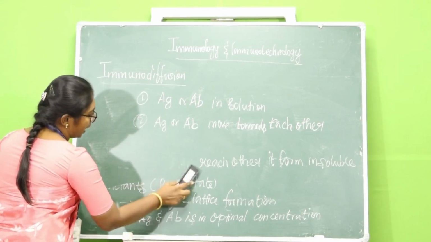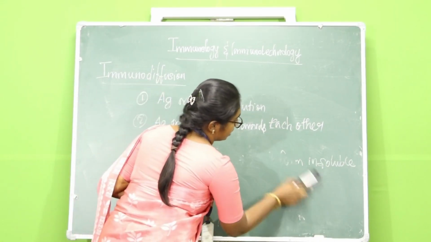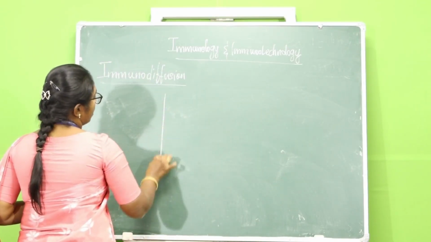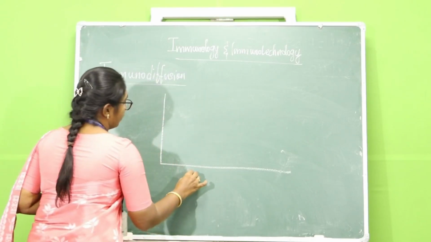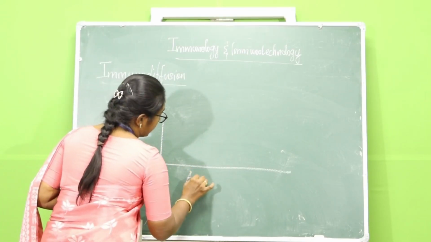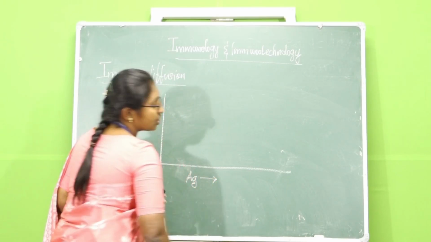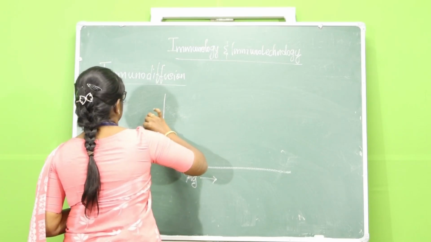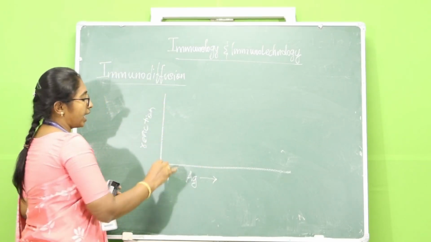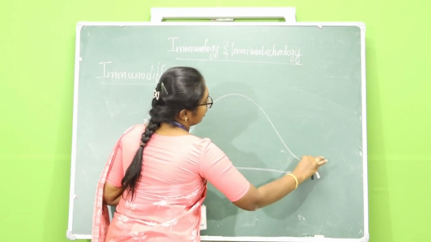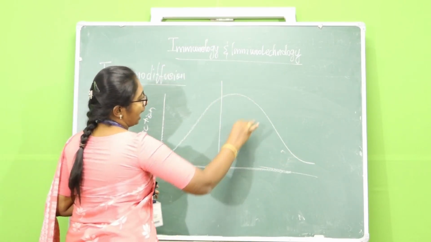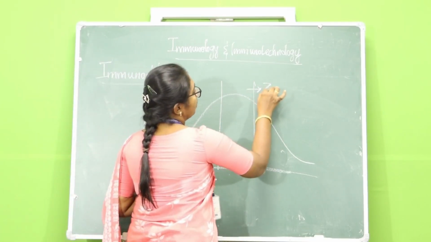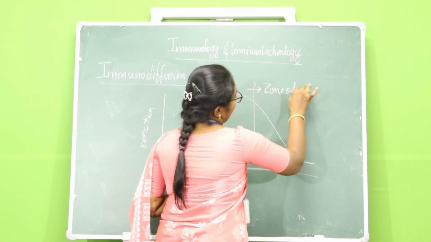What happens if they are not in an optimal concentration? When we add the antigen in increasing concentration, both the antigen and antibody react with each other and form a zone. The place where the antigen and antibody react with each other and form an immune complex, that zone we call the zone of equivalence.